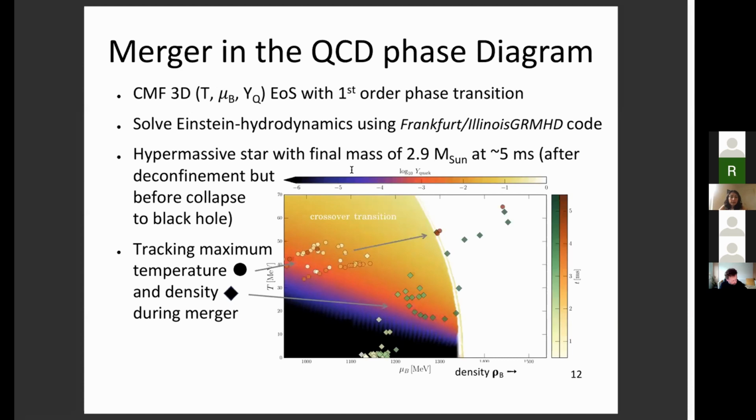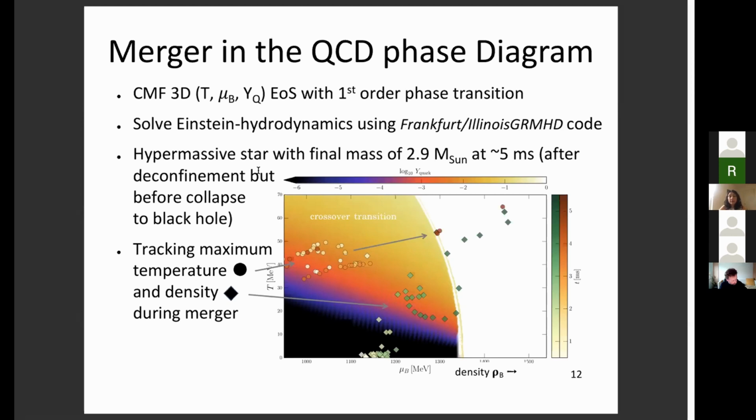The way I'm showing you today is just tracking the most hot and the most dense parts of the system. So we choose neutron stars that resemble in a way the neutron stars that we know that have merged in the very famous gravitational wave event from 2017, which had low masses. So here we're producing a hypermassive neutron star of 2.9 solar masses because we're merging two of about 1.45.